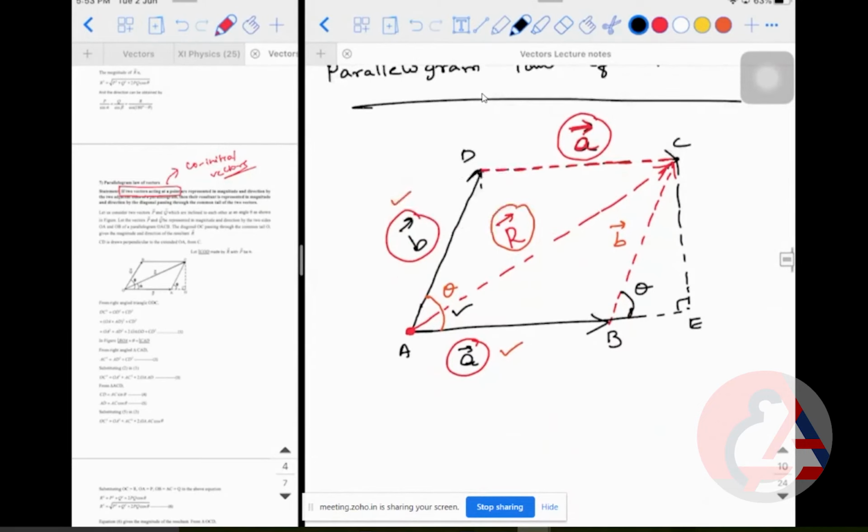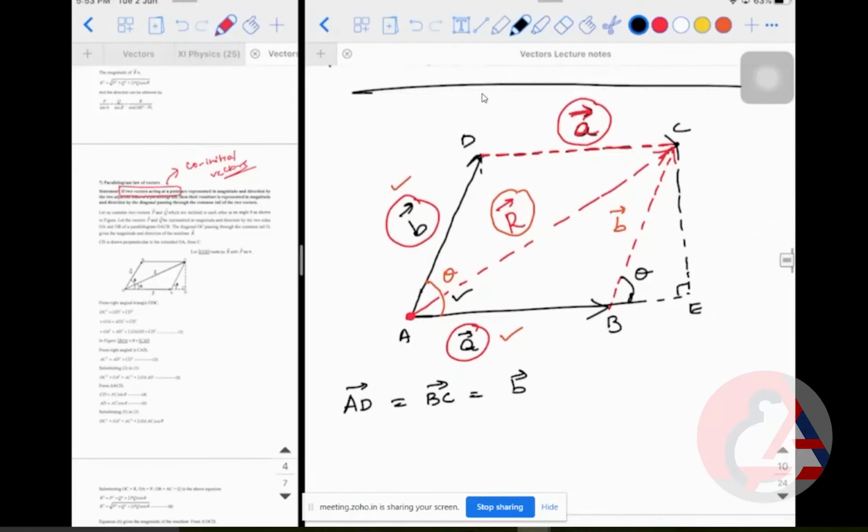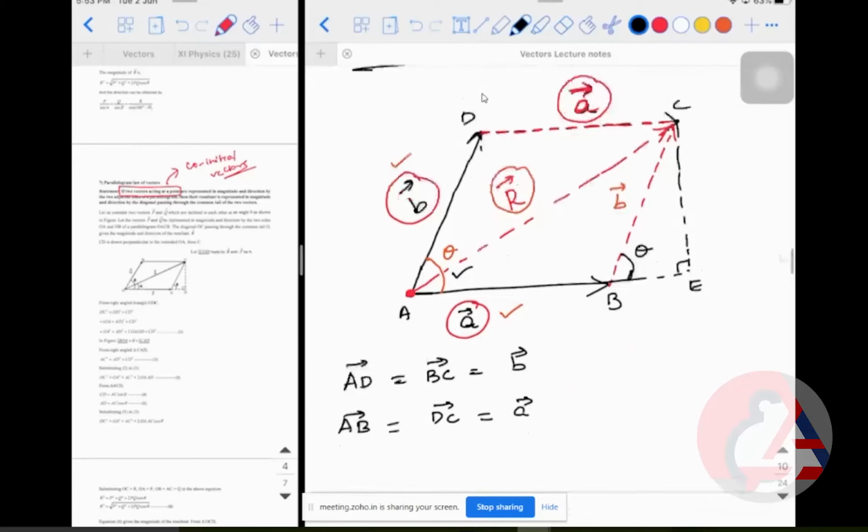Now, AD vector is nothing but B vector. Accepted? Similarly, AB vector is nothing but A vector. AD vector is equal to BC vector. Can I call it B vector? Similarly, AB vector is equal to DC vector. Can I call it A vector? Am I right? Because they are equal vectors.